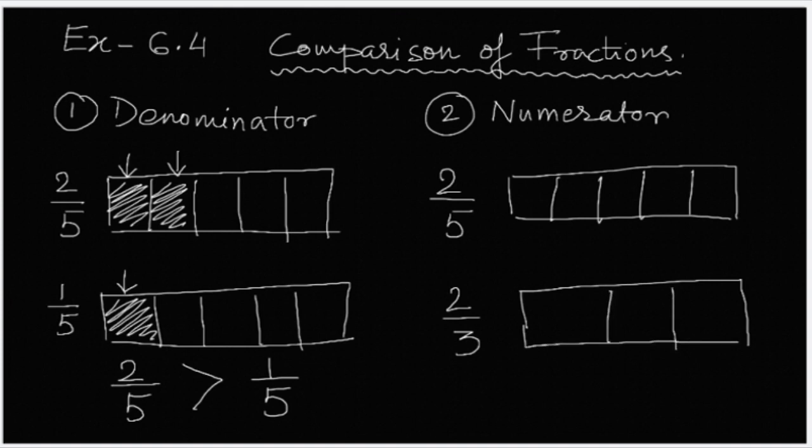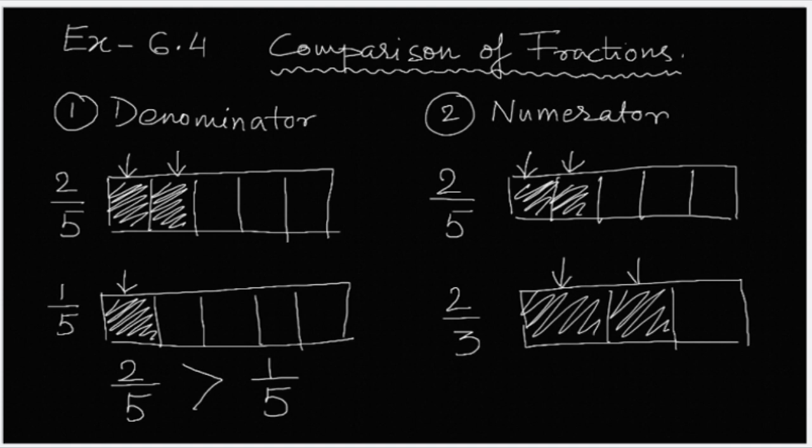So you can very well understand this is 2 parts of it and this is also 2 parts of it. If the denominator is big, then the size of the pieces is very small, and if the denominator is small, then the pieces are big.